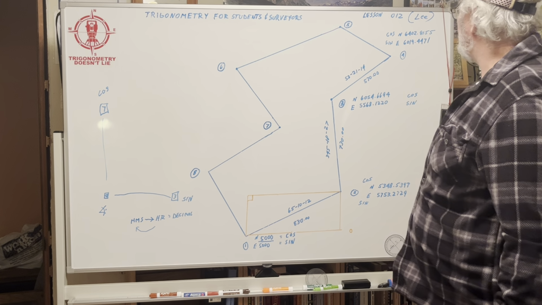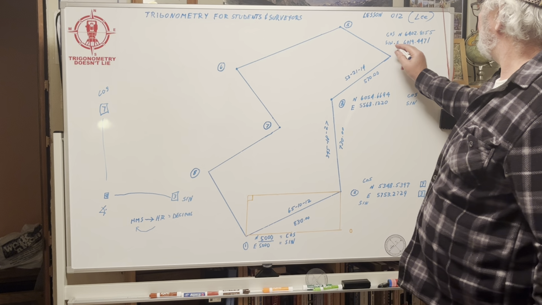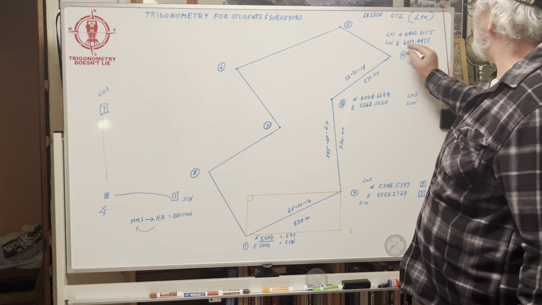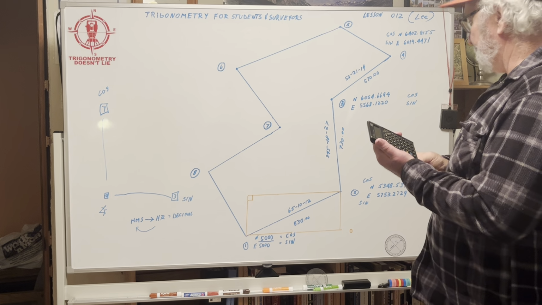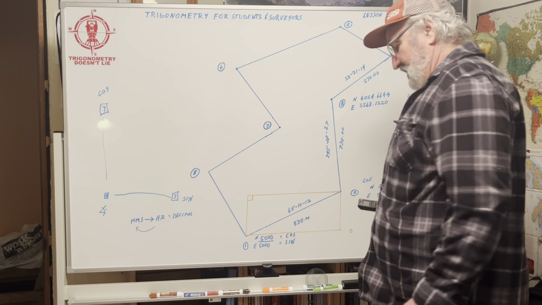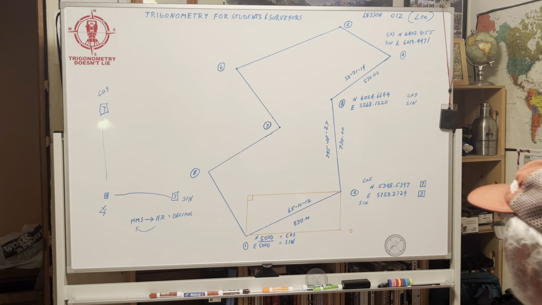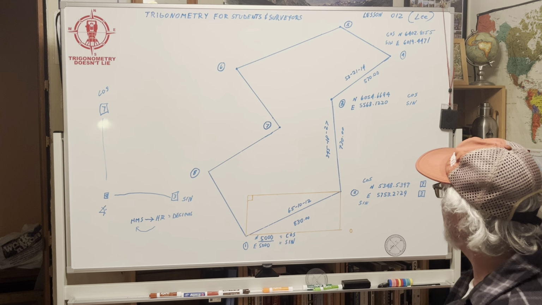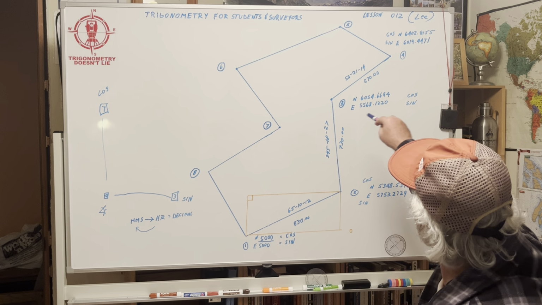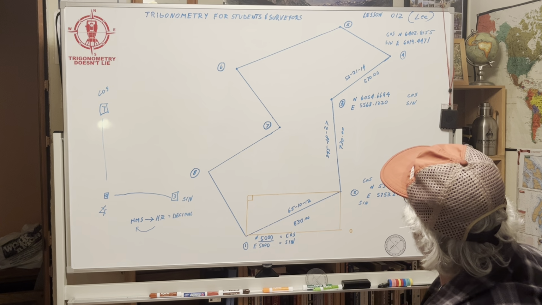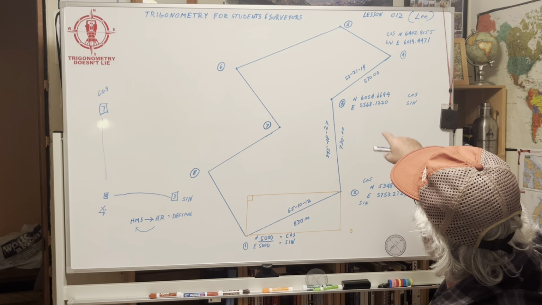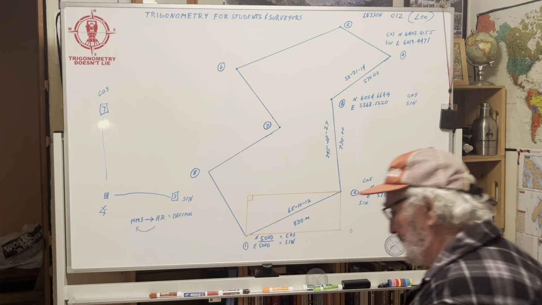That's that guy right there. Cosine, sine, northing, easting. And that's that one right there. And that's pretty much how you do that. Again, we would have these same triangles here and there if you wanted to superimpose those in there. This one would be, let's just do this one.